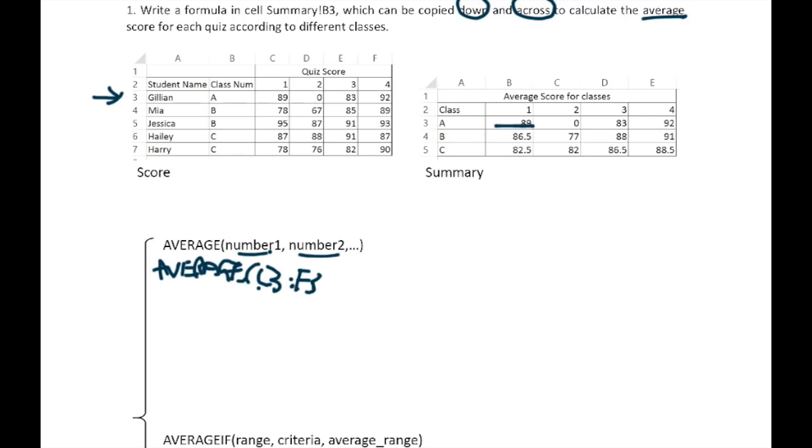Sorry for the writing. This is one way to use the average, and the other one would be C3, comma, D3, E3, and F3.